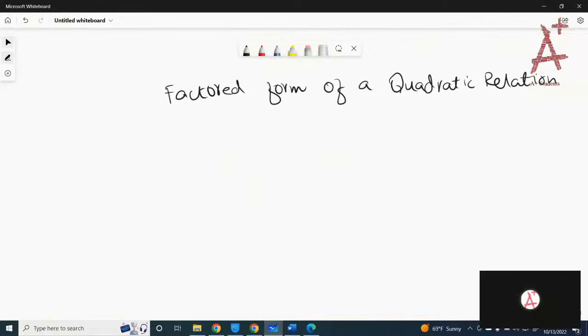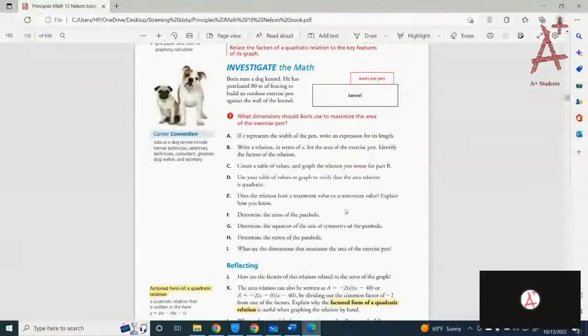Okay, let's start with the factored form of a quadratic relation.